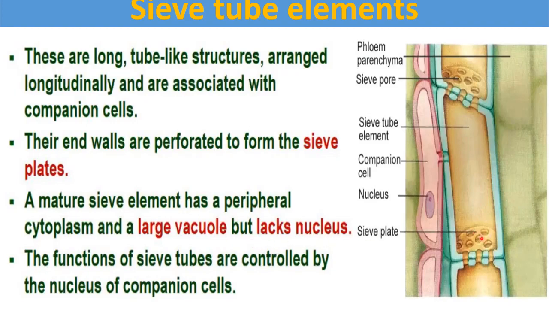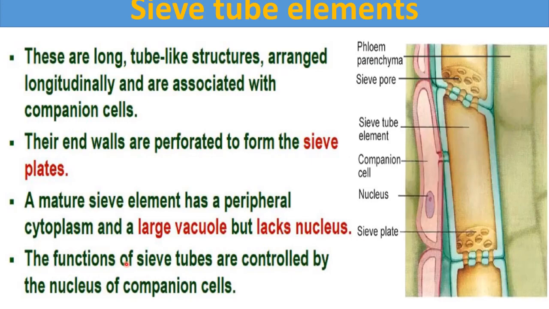It means here the nucleus is not present in sieve tube elements. Now if the nucleus is not present, because in a cell the nucleus is a very important part and it controls the metabolic function of the complete cell, it is the control center for the cell. It controls all the functions of the cell. Then how will the functions of sieve tube elements be controlled?